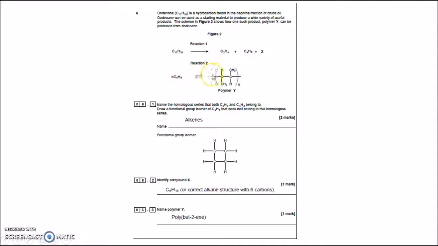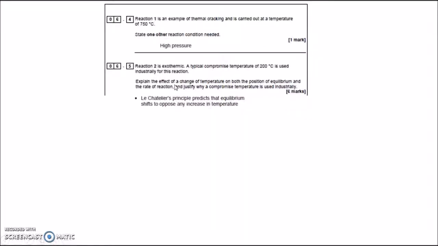I'm providing heat, it doesn't want to make more, it wants to remove that heat and oppose the change. It will shift right to left. So Le Chatelier's principle says that the position of equilibrium is going to shift to oppose any increase in temperature, i.e. lower the temperature, and the way it can do that is going right to left.